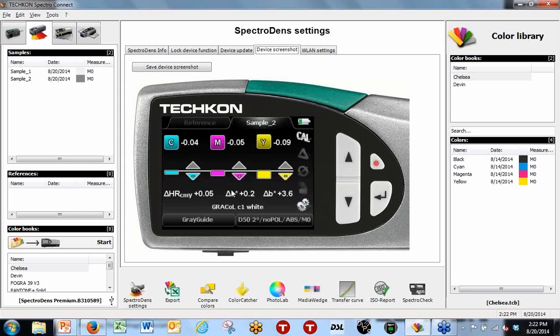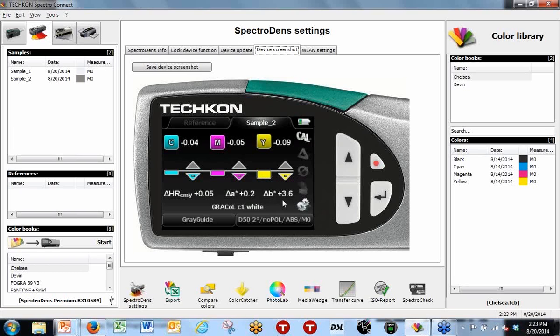Then it shows I'm plus 2.2 on the A and plus 3 on the B. And then it gives me a correction factor. So it shows I'm aiming at the target, here's my LAB. Then it's saying to get to gray balance, I want minus 4 points of cyan, 5 points of magenta, 9 points of yellow. See this yellow number? So it's making the correction. Pretty neat feature, really helpful.